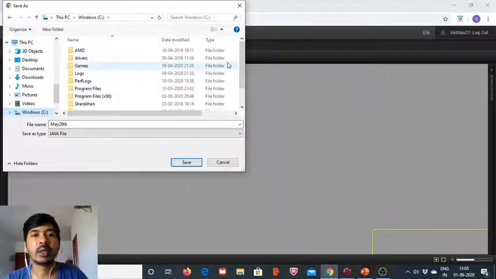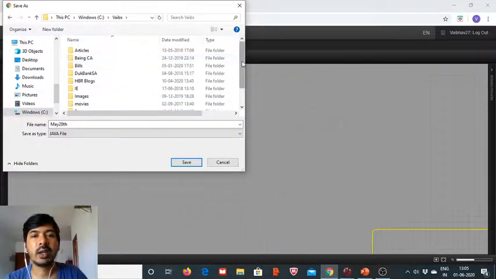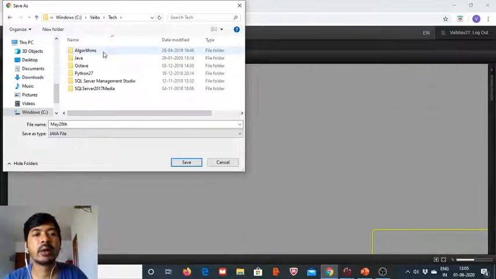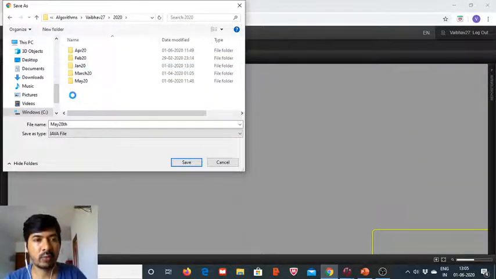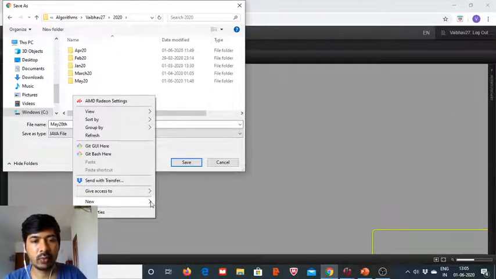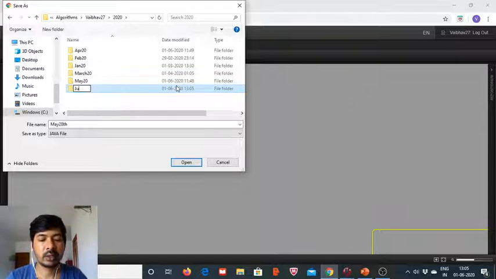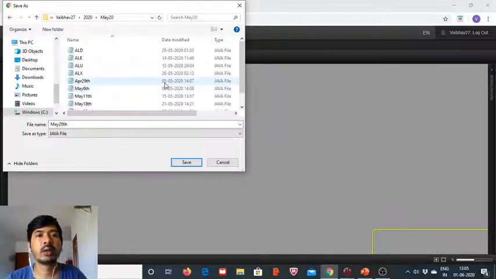So here we save the file as a Java file, in algorithms 20, and now we will need to create a new folder as the new month has started, which is June.